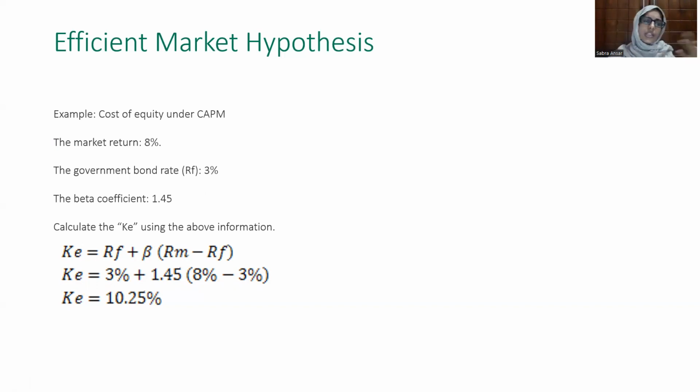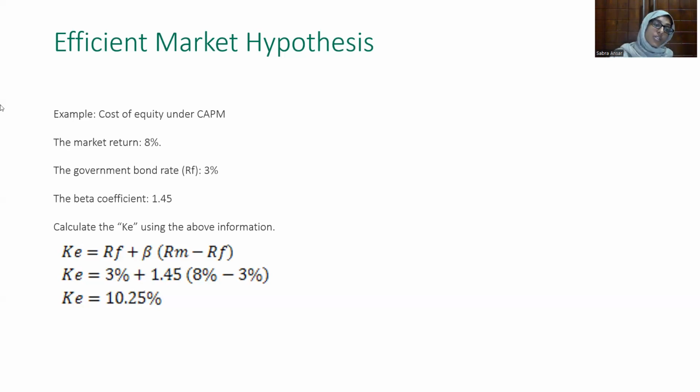So when we consider any calculation, as you can see, for KE, we have to take the risk-free rate plus the beta times the difference between the market return minus the risk-free return.